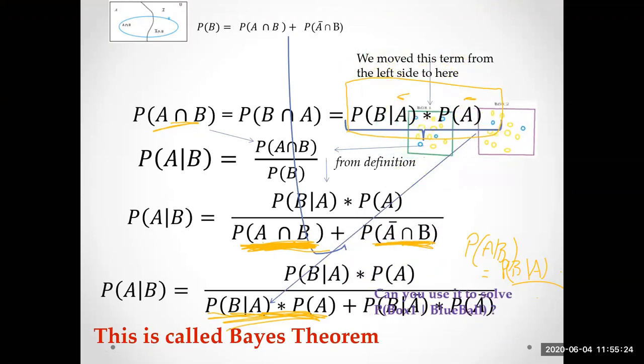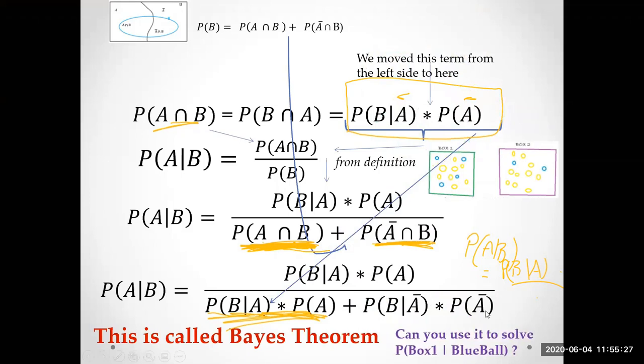So can we use this to solve the original question? The original question is, given that it's a blue ball, what's the probability that it comes from box 1? So what is A and what is B, if we're using this here? A is box 1 and B is blue ball, right?